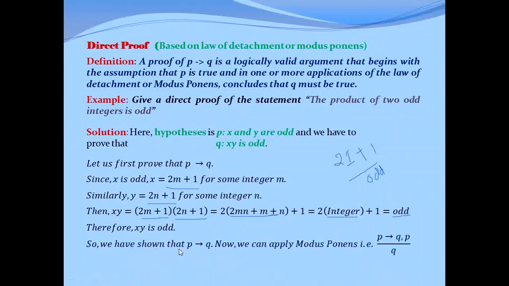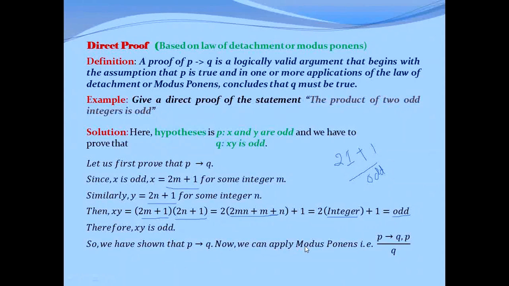So we have shown that P implies Q. P is the proposition that x and y are odd, and Q is the proposition that xy is odd. That is P implies Q. So when x and y are odd, the product xy is odd. So our formula P implies Q is proved. We have shown that P implies Q.